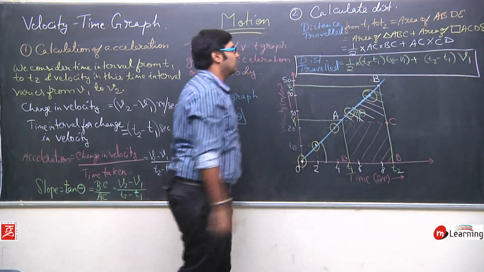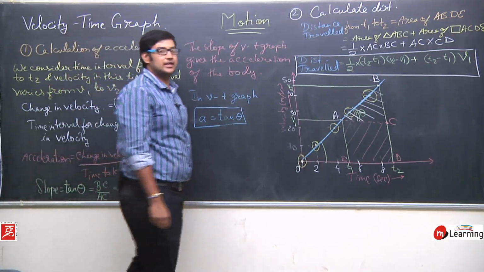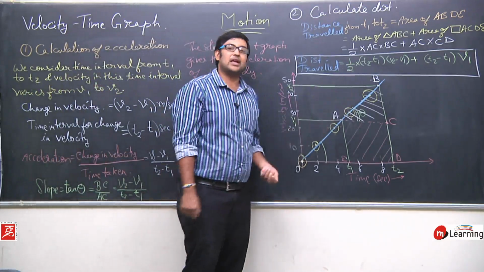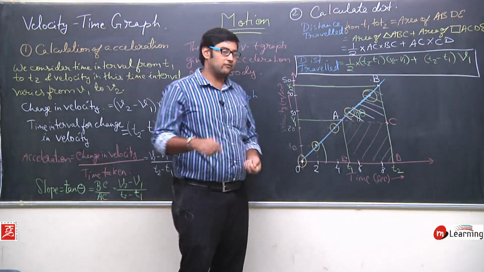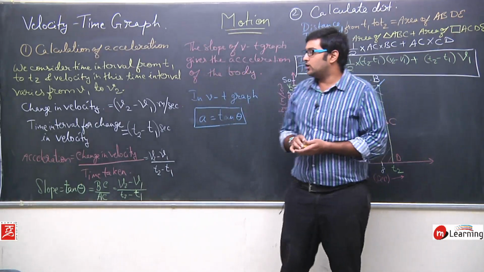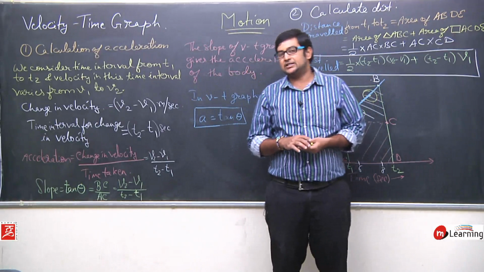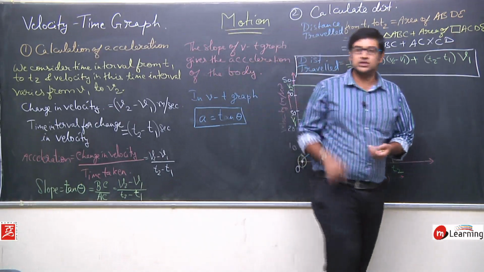This is the expression for distance travelled when a body performs uniformly accelerated motion. This distance can be calculated using this graph, the velocity time graph. Okay, so this completes our basic graphs. Now we will move on to the next concept, that is the concept of equations of motion. Okay, first you note this.